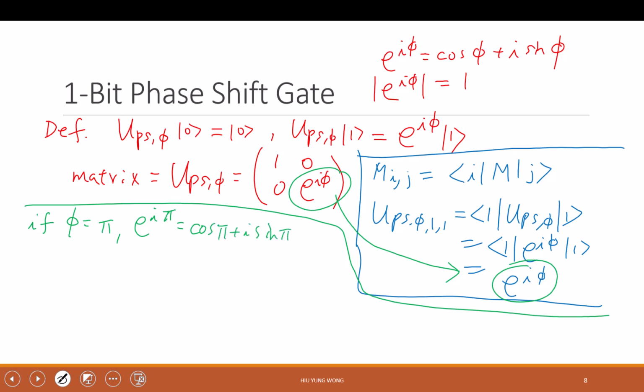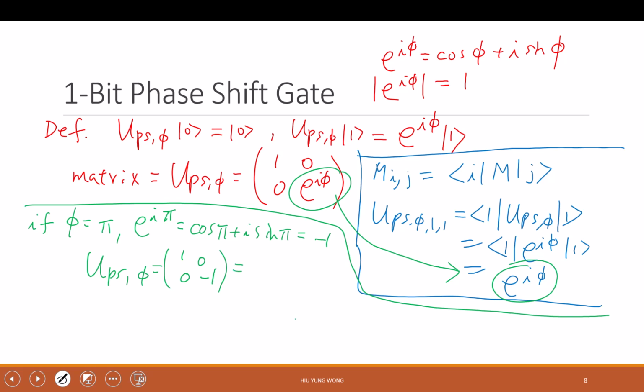What is this? Minus 1. Thank you. If you forgot, just check the table, ask ChatGPT. Minus 1, right? So the matrix becomes U phase shift pi equals 1, 0, 0, minus 1. What is this?